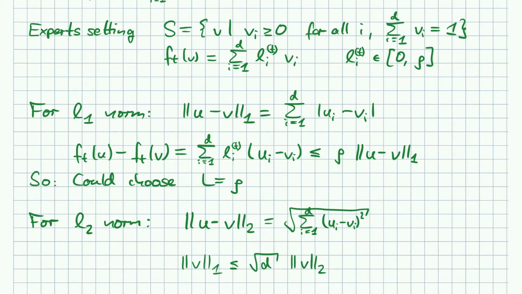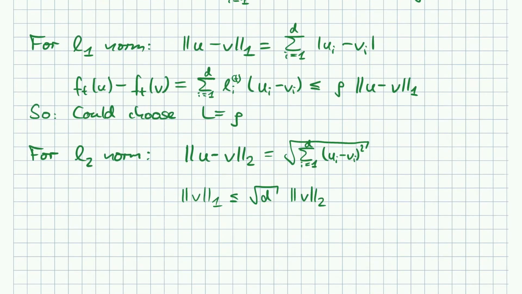And what does this tell us? If we wanted to use now the L2 norm rather than the L1 norm, we could now also try to get such a bound here, like this one.